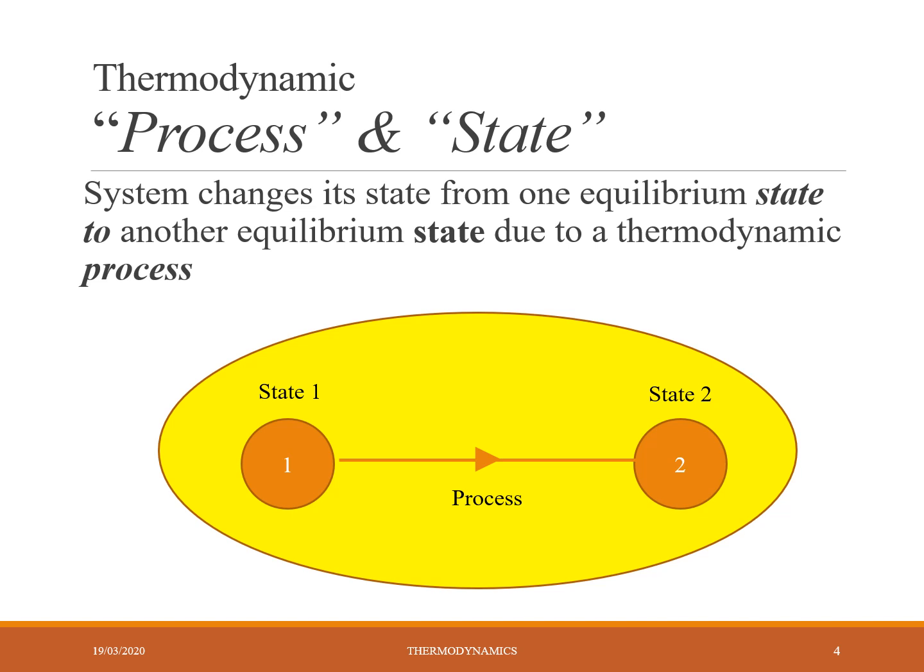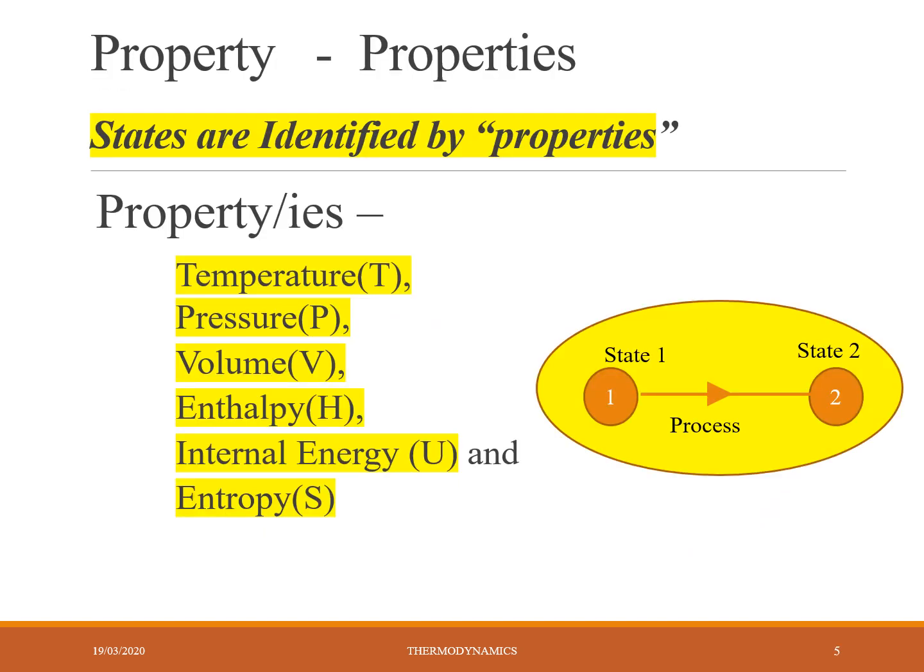So in this figure, you can identify two states: equilibrium state 1, equilibrium state 2. You can separately identify. Then another, process. In the previous slide, you identified process and states.